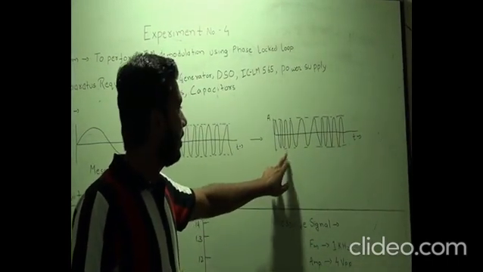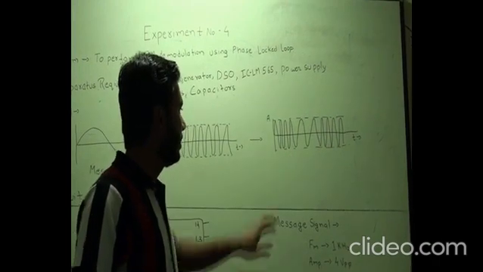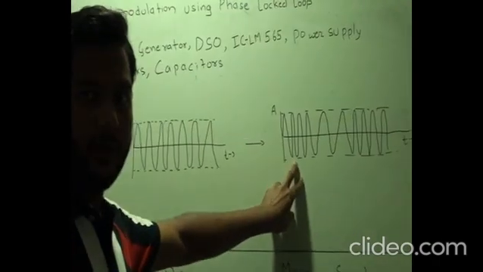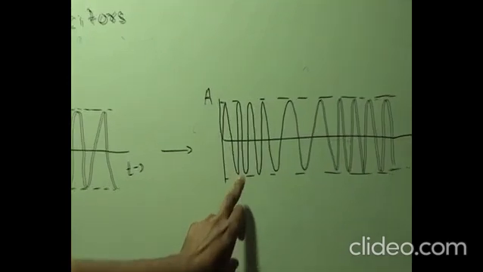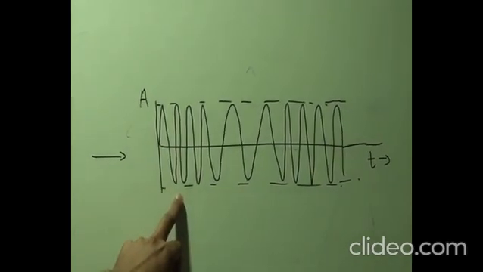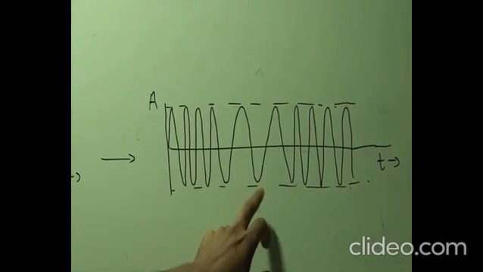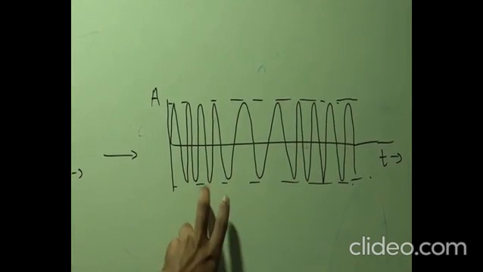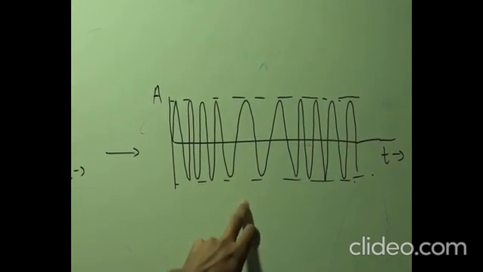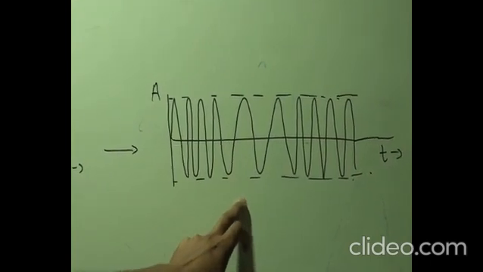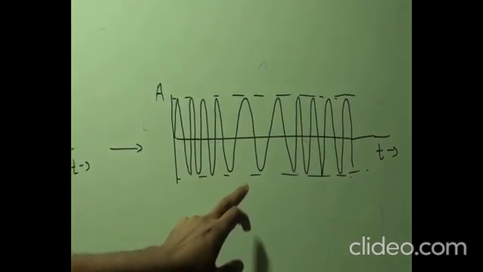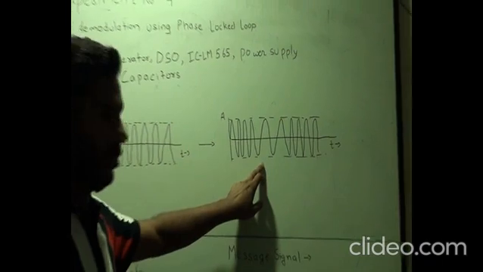Here you can observe that there are two frequency components. One is the higher frequency component, which is because of the carrier signal, and the lower frequency component, that is because of the message signal. Hence we have modulated according to the frequency of the carrier signal. So this is called frequency modulation.